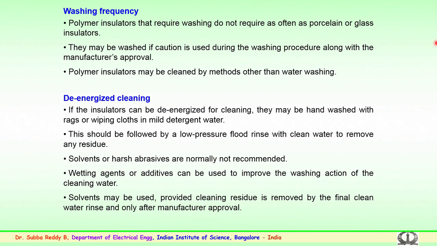Solvents may be used provided the cleaning residue is removed by the final water rinse. That is, once the cleaning is done with rags or wiping with cloths and mild detergent water, this has to be cleaned up. These things are normally undertaken with the approval of the manufacturers, in particular for polymer insulators.